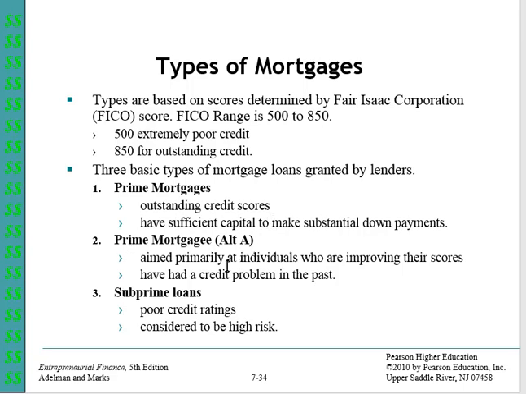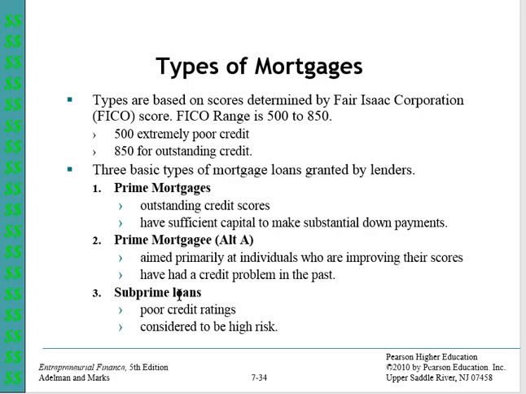Alt-A mortgages are really for people who are working on improving their scores. Maybe they've had a credit problem in the past, but they do show some ability to make payments, and they are a fairly low risk type of mortgage holder; they'll probably pay off their mortgage.